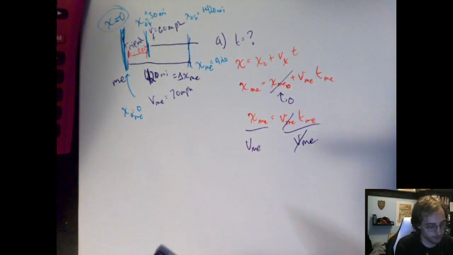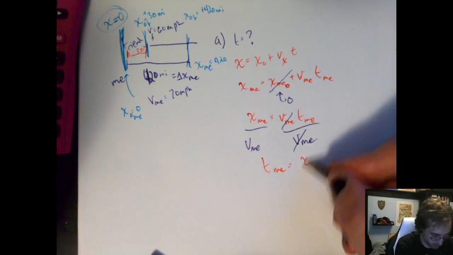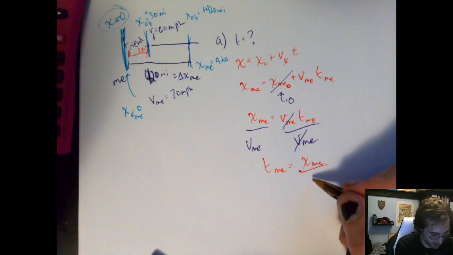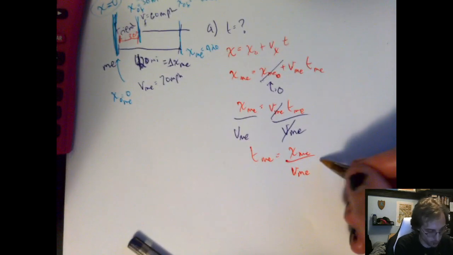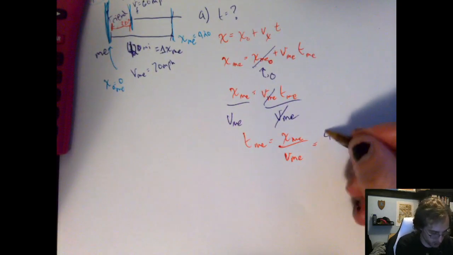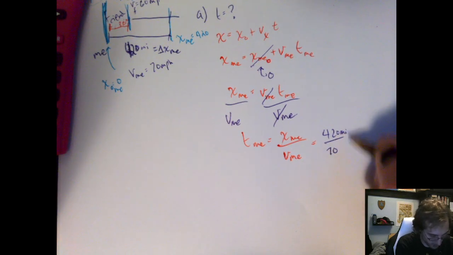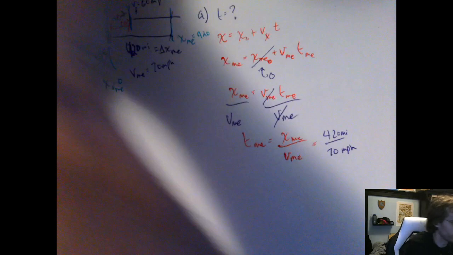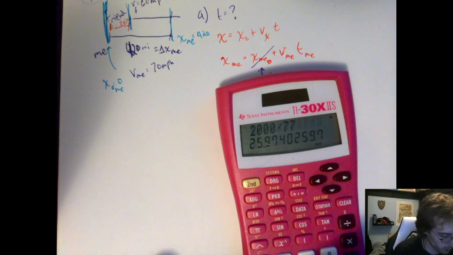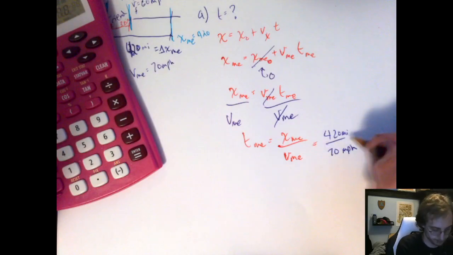And so our final answer is going to be that the time it takes me to get there will be equal to the distance I'm going, or the end location, divided by the speed I'm going at, which in this specific case is going to be 420 divided by 70 miles per hour, which I think is just going to be 7.